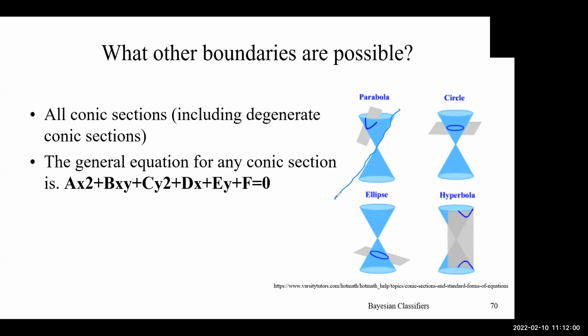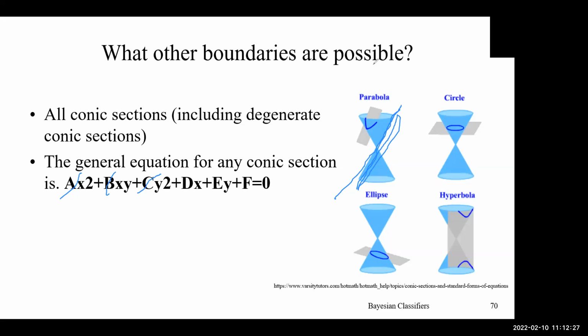Okay. That's a degenerate case, degenerate conic section. That's if A, B, and C are all 0. You get a plane, whoops. Pretend my drawing is better. It's not easy with a mouse. That is parallel to the edge there.